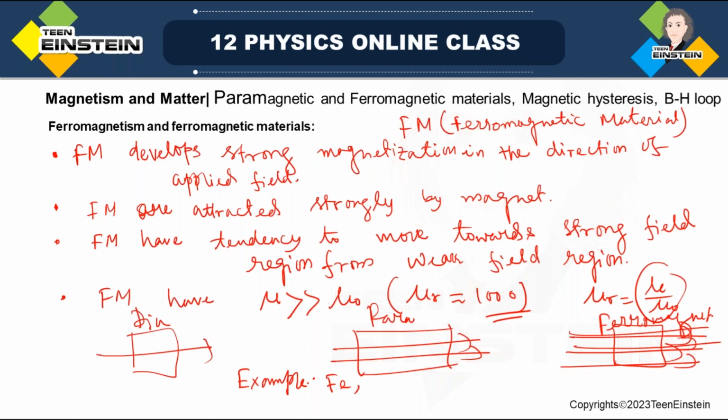Examples of ferromagnetic material: iron, nickel, then cobalt. These are a few examples.